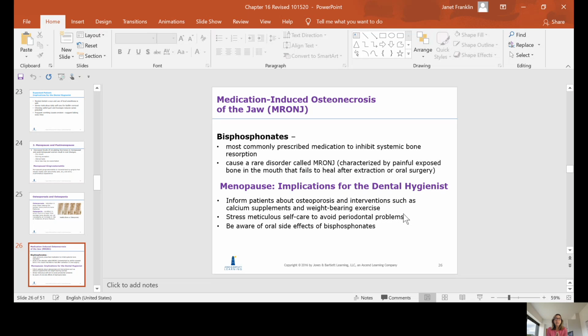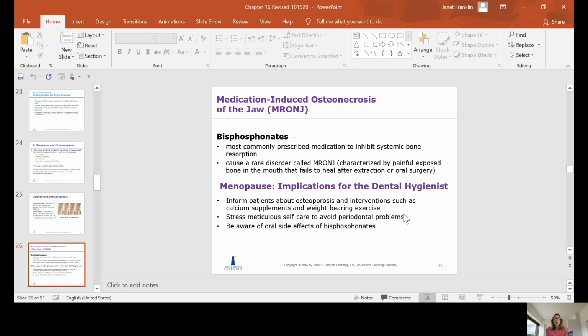It's not very common, but it did spark enough doctors to take patients off of the bisphosphonates. Usually it was more common in the injectable ones, where they inject a high dose once a year, versus the daily oral medication that patients would take, but it really caused a lot of change in how doctors prescribe bisphosphonates.